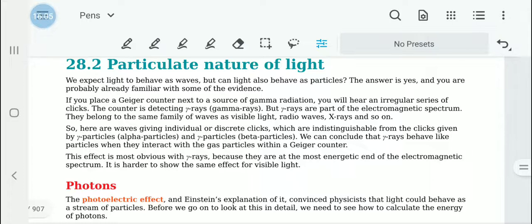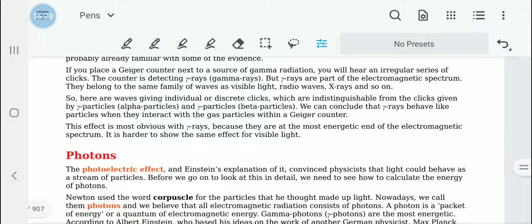So it would be detecting the gamma rays. Gamma rays are part of the electromagnetic spectrum, which belongs to the same family of waves as visible light, radio waves and X-rays.